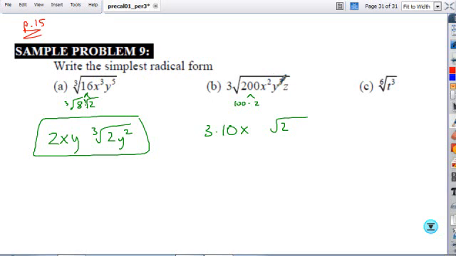Okay, how many groups of 2 can we remove from the y's? 1. And that leaves how many y's inside our radical? 1. And then how many groups of 2 can we remove from our z's? None. So the z stays inside. Okay, so here is our answer. 30xy square root of 2yz.